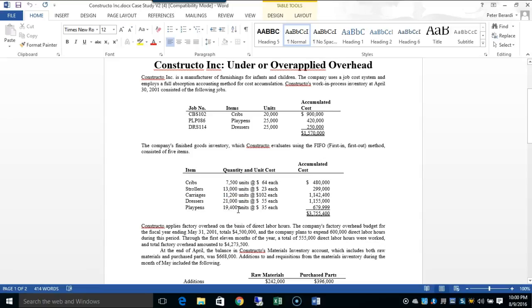So what you got to figure out is your beginning inventory in WIP. You have to figure out what came out of WIP and went into finished goods for playpens only. So follow the trail. So beginning WIP was 25,000.